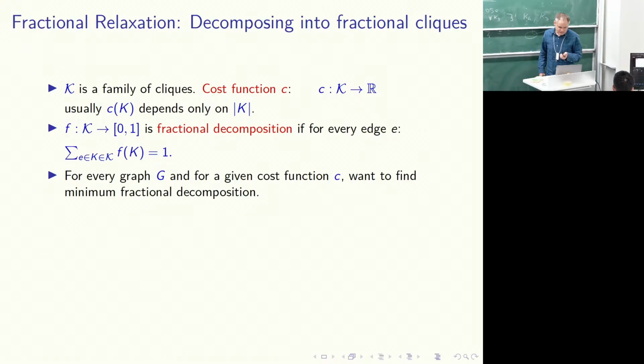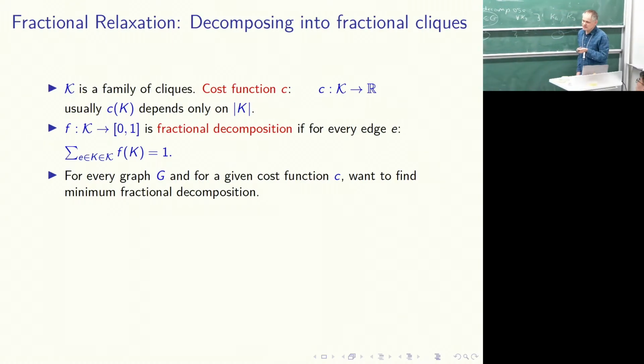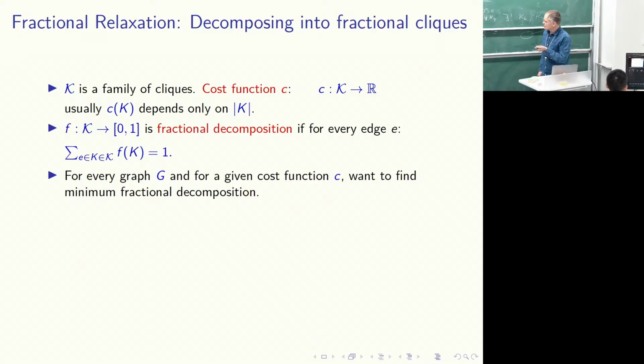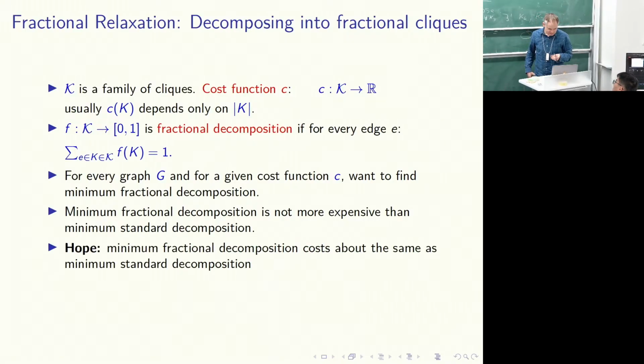And actually that was Mike's idea, that he likes optimization, and in optimization problems the non-integer version of a problem is always easier because one can run some linear optimization methods. Certainly there are inequalities showing that minimal fractional decompositions are cheaper than the integer ones.